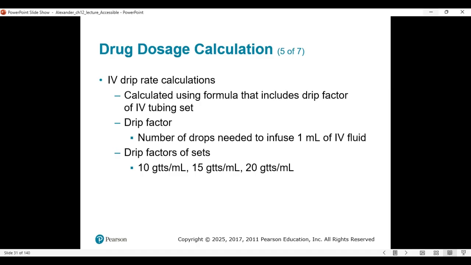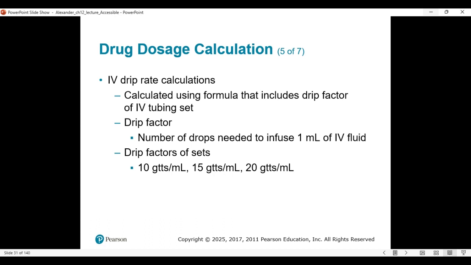Again, the IV drip rate calculation we're going to go over in another section, but I'm going to hit it briefly here. We're going to use a formula that indicates the drip factor of the tubing. A drip factor is your drop factor. We'll talk about tubing more in depth in our next video. But most of our ambulances will carry a 10 drop or 15 drop, and those are called macro.